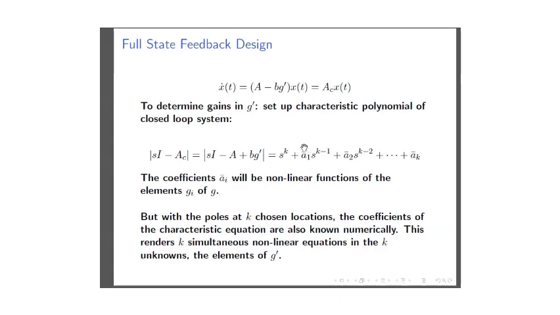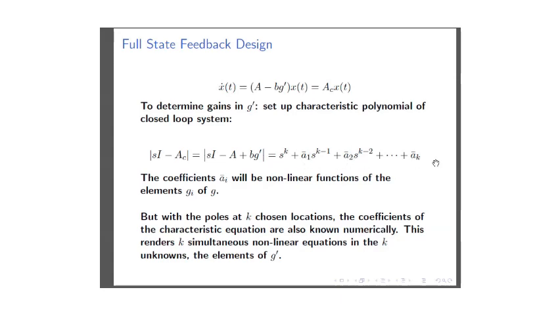But I also have an expression for A1 coming from calculating the determinant of this matrix with the unknown G's. So this gives me a nonlinear function of G being set equal to a known numerical value. And the same applies to all of the coefficients.